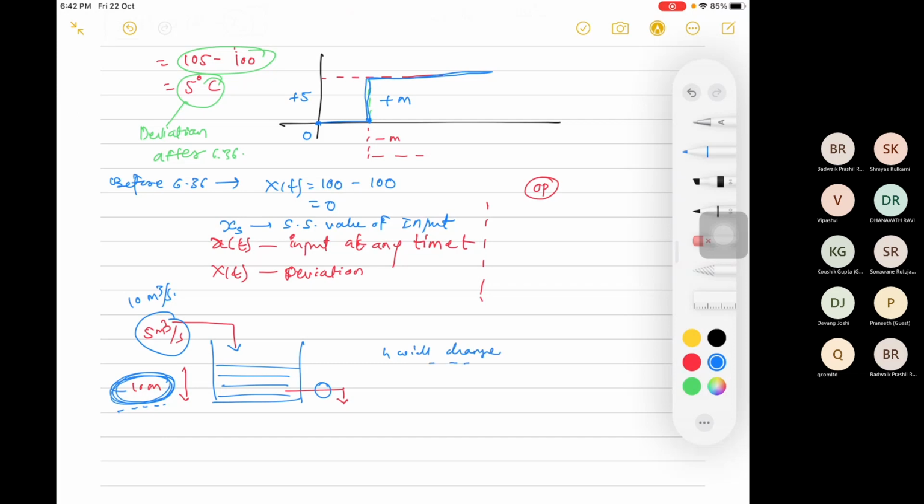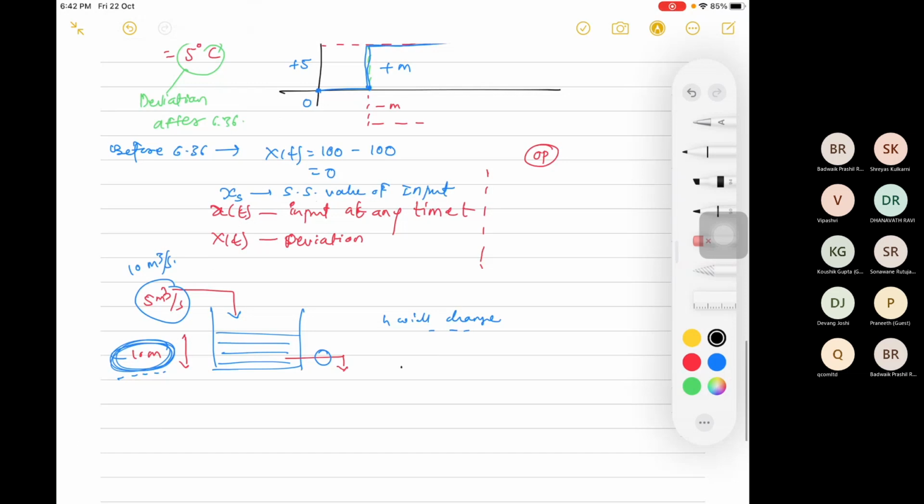So what is your input and what is your output variable? I'll write here, input is something which is disturbing, which you are changing, or which is changing by default due to some disturbance. That is input. And output is something where you are going to see the dynamics, where you see the change. So I can call the disturbance the input, which you are changing.